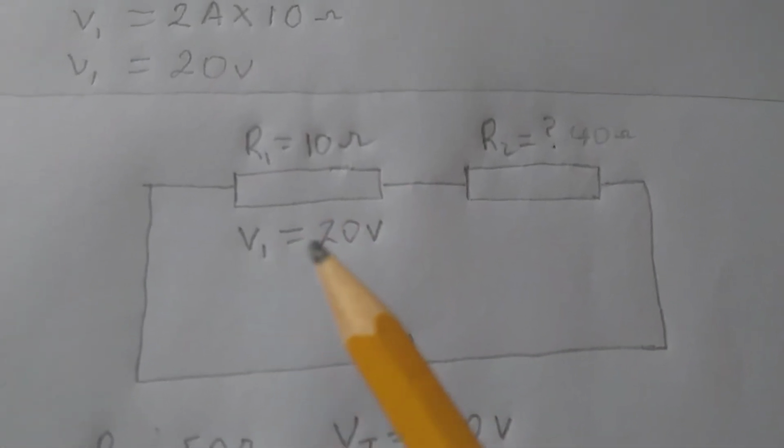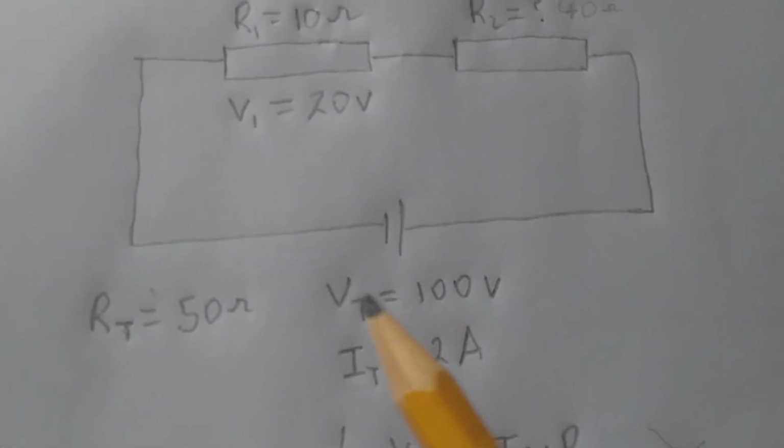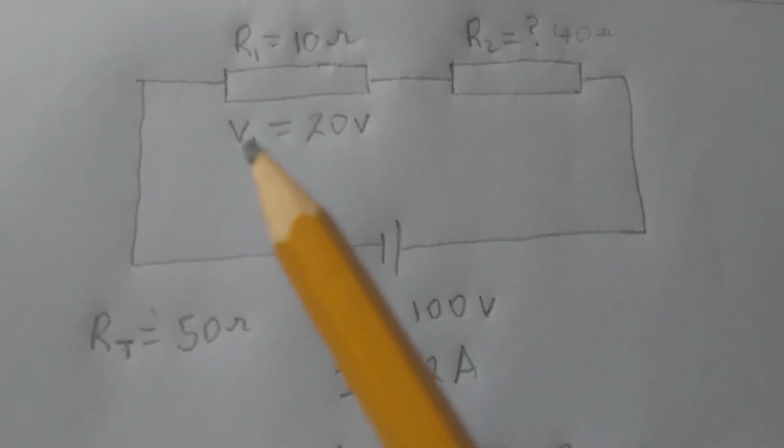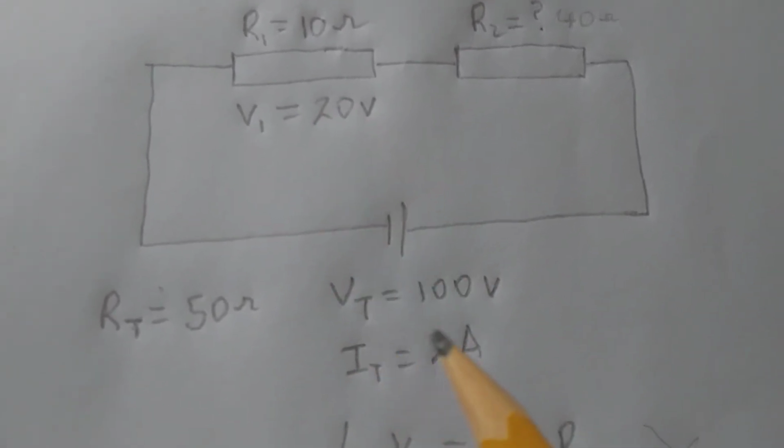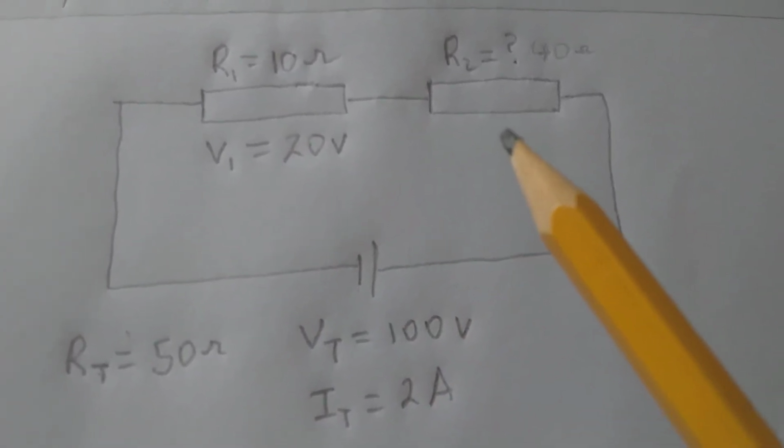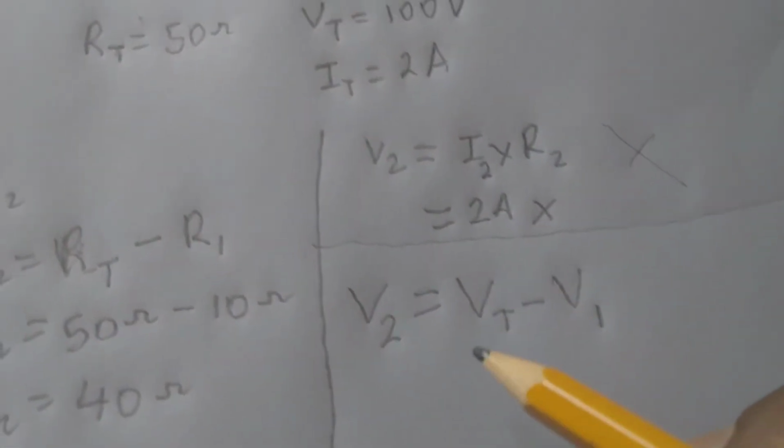because we now have V1. So remember, if you add V1 and V2, it should give you the total voltage. So if you subtract V1 from VT, it should give you the voltage on the V2 side. So let us do that.